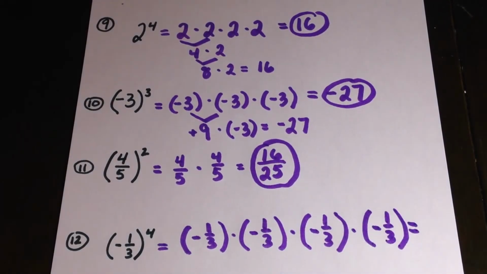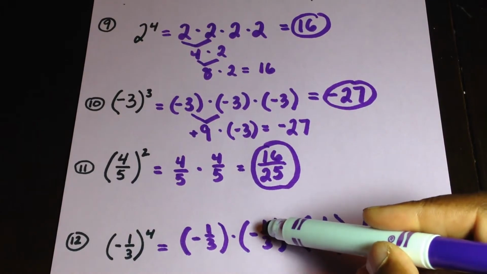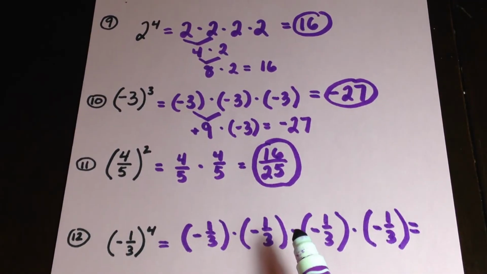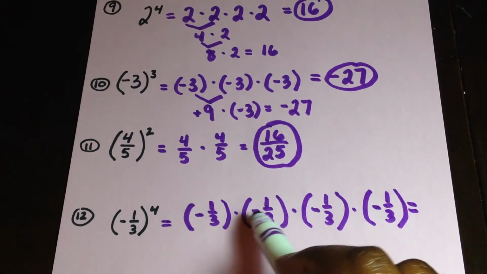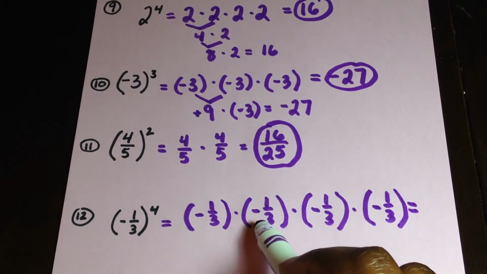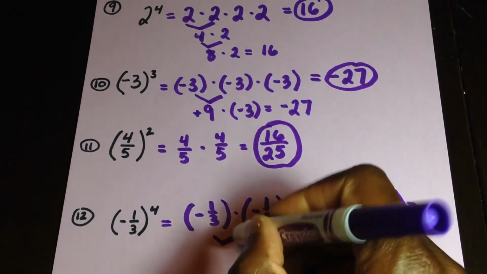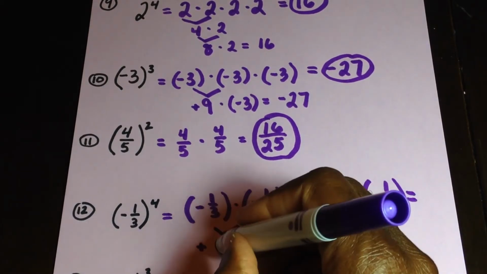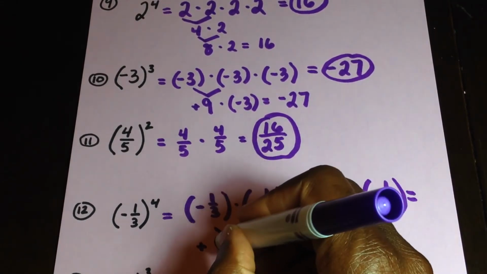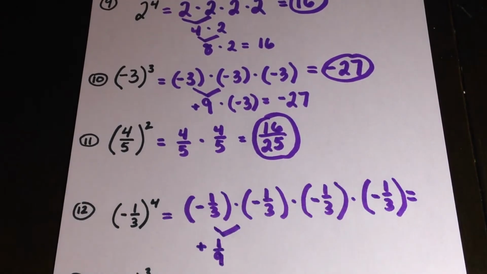Now, what we have here when we multiply is going to be 1 times 1. Or matter of fact, let's take it step by step. If you take negative 1/3 times a negative 1/3, that's going to come out to be a positive, and it'll be 1 times 1, which is 1, and 3 times 3 is 9. So that'll be positive 1/9.